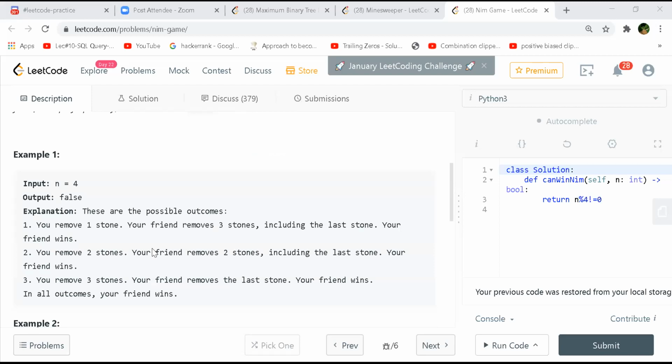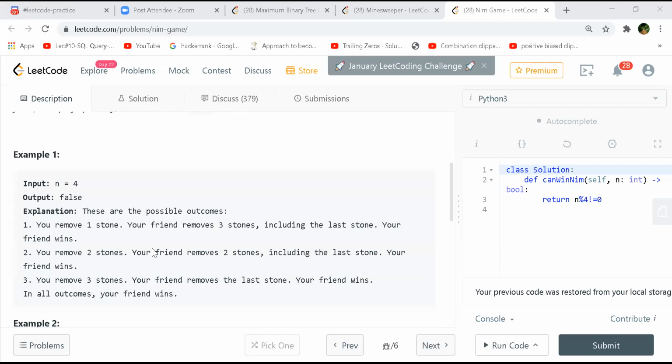So 4 stones are there. One person removed the first stone, so now we are left with 3. The second guy removed the second stone. If there are 4 stones, you have the chance of removing 1, 2, or 3.